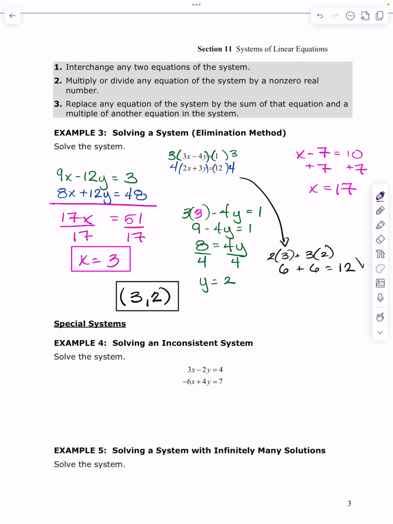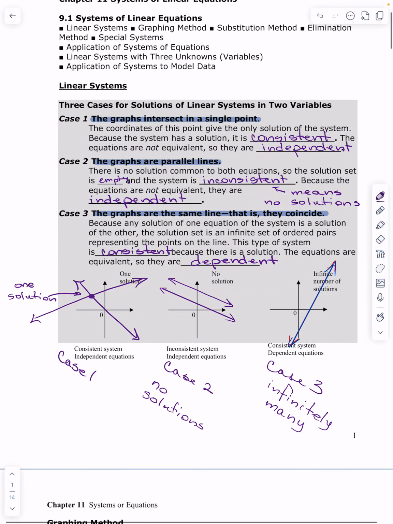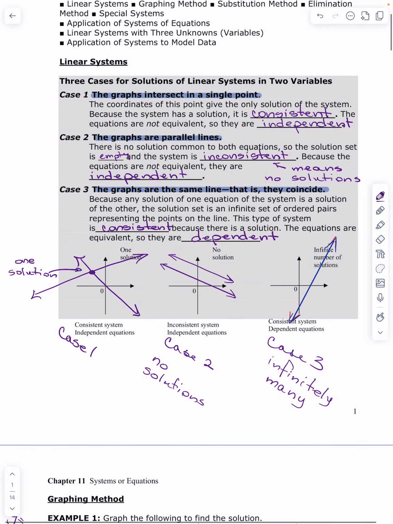Okay. So let's take a look at how these may come up differently, and what it means in terms of our solutions. So back when we were solving by graphing, we had 3 different things that could happen. We had, and let's slide back up here, we had the consistent system with independent equations, case 1 solution.